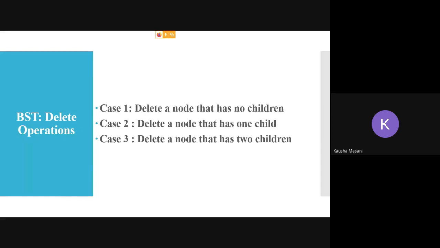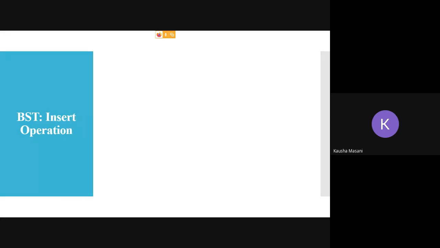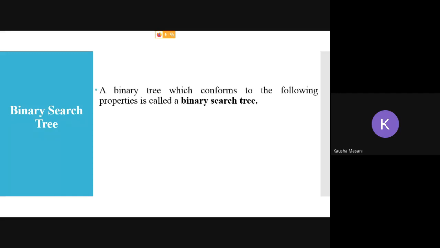Before that, a quick revision of what a binary search tree is. It has the following properties. So, can anyone list out the properties of a binary search tree? Can anybody recall them?